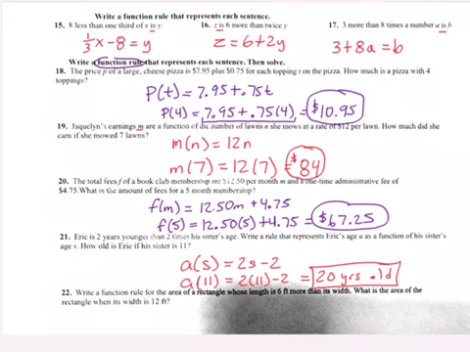And then last but not least, we've got write a function rule for the area of a rectangle whose length is 6 feet more than its width. What is the area of the rectangle when its width is 12? All right, so this one's a little harder to write as a function rule, but we should know the area of a rectangle whose length is 6 more than its width.